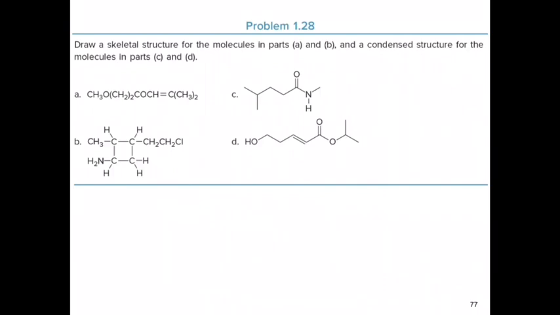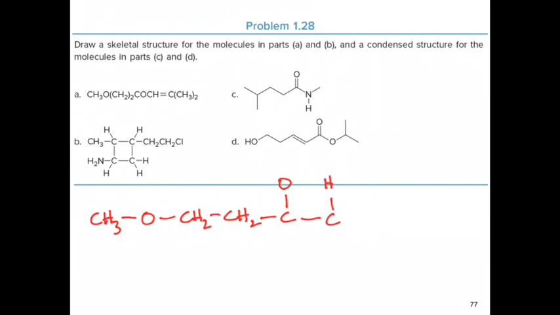So we have a CH3 bonded to an oxygen, and then we have 2 repeating units of CH2, and then the second CH2 is bonded to a carbon, and that this carbon is bonded to an oxygen, and then this carbon is also bonded to this carbon, and that carbon is bonded to a hydrogen and also double bonded to another carbon.